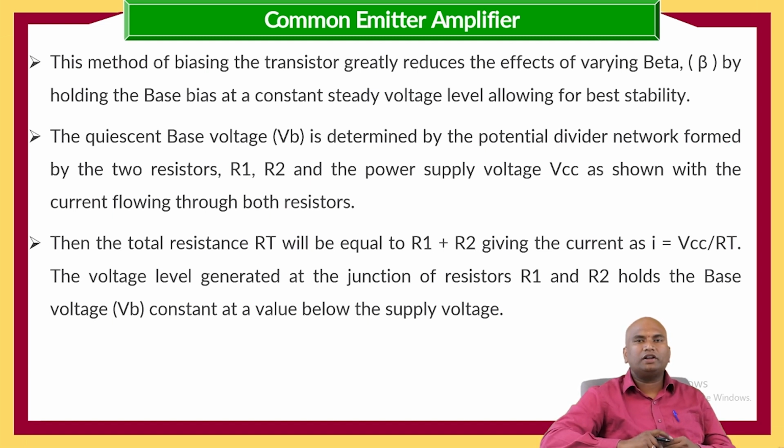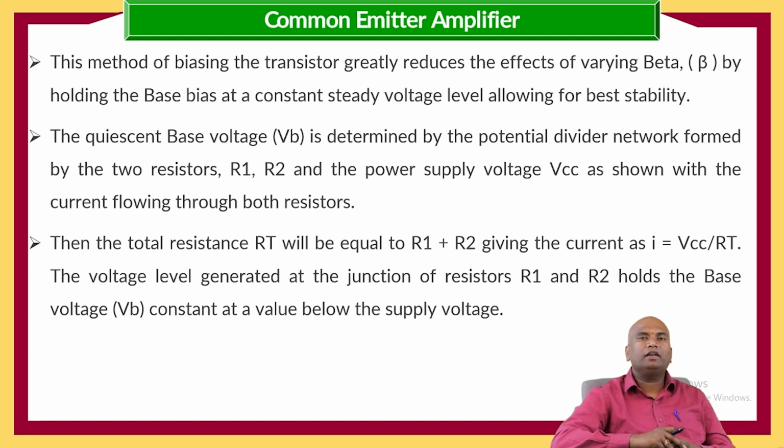So quiescent base voltage we are going to get by using the voltage divider network, where R1, R2 and power supply VCC are as shown, with the current flowing through both the resistors. Then the total resistance will be equal to R1 plus R2, giving the current as I equals VCC by RT.